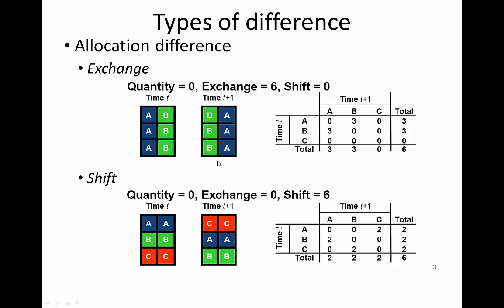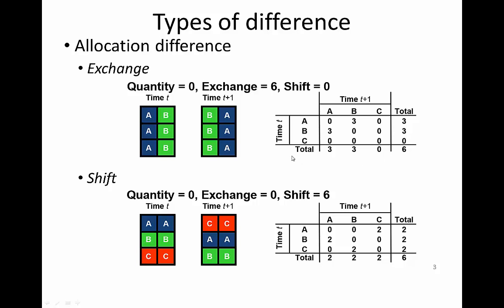In this example, we have three categories, A, B, and C. First, let's notice that in these examples, there is no quantity difference. For each category, the values in the total row and total column are identical. But the allocation of the categories is less than maximum.